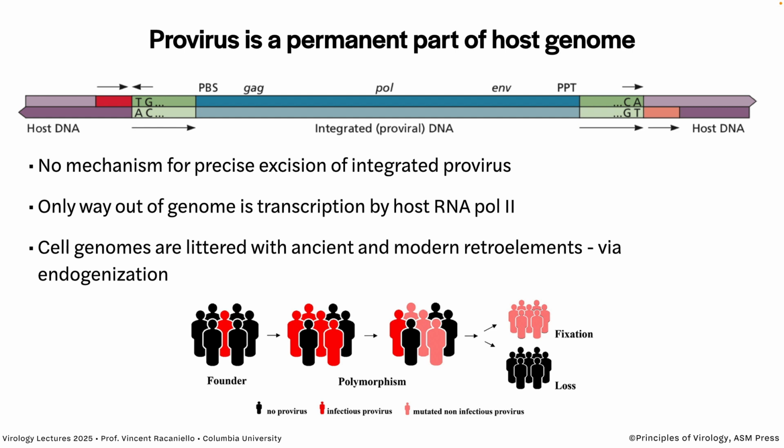They're called retroelements because they were made by reverse transcription. If it's put there by a retrovirus infection, we call it an endogenous retrovirus, because endogenous means it's integrated into the germline. So you can imagine many, many thousands of years ago, you have an individual who is infected with a retrovirus.